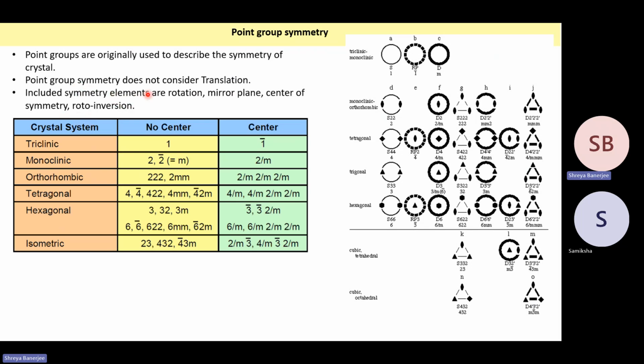The combination of these different symmetry elements forms the point group. But we don't need to go into the details of this point group because, as you can see, it is pretty complicated. As long as we know the 14 Bravais lattices and the 7 crystal systems, and we know each of the symmetry operators separately, that is enough for this course. We don't need to go into how each of these point groups are named and all that.